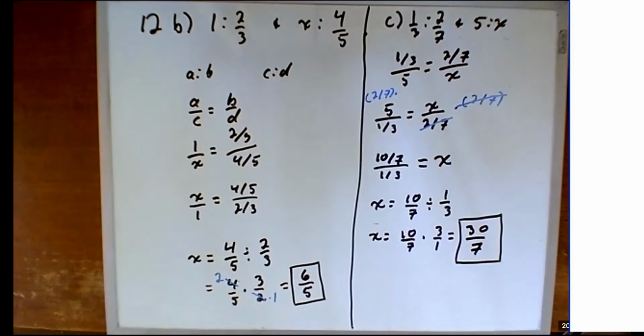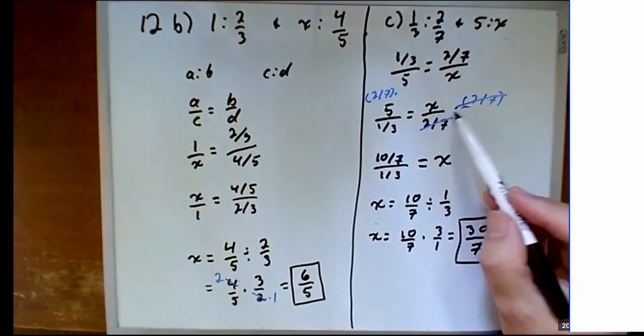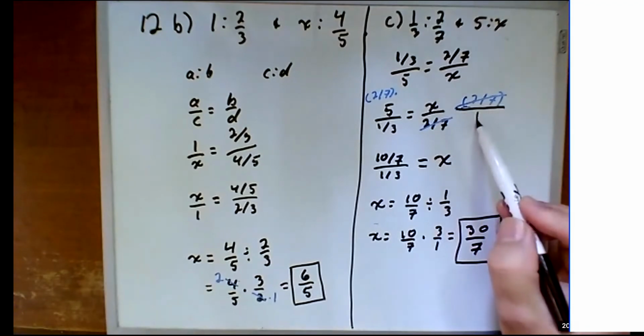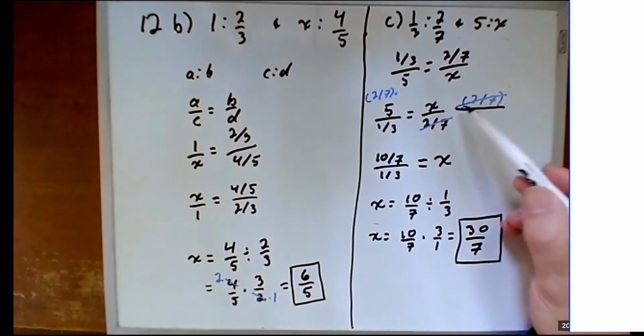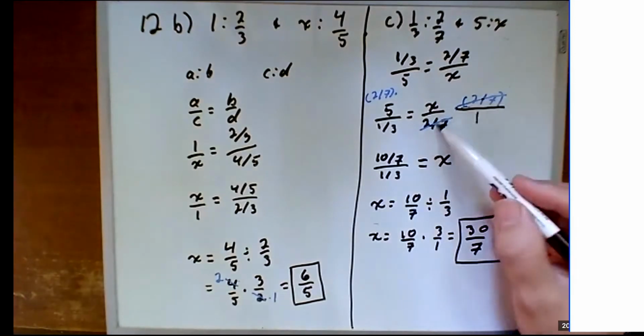I have a question about why the multiplication is happening. So you want to know why it's being multiplied? Oh, this is actually being multiplied on top. You can think of this as over 1. It is being multiplied on top, and the reason it's being multiplied on top is so that those things cancel.